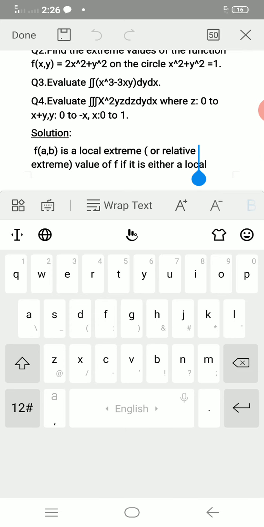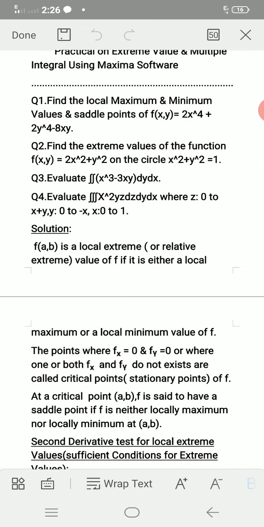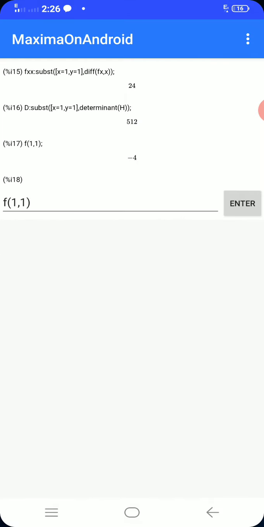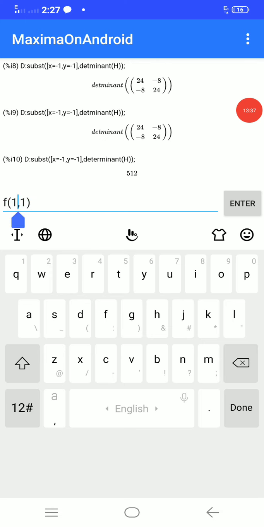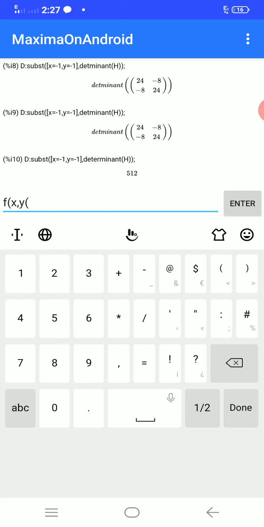Second example: find the extreme values of the function f of x, y is equal to 2x square plus y square on the circle x square plus y square is equal to 1. So let us perform this example in Maxima software. To assign the function, f of x comma y, bracket complete, using colon equal to 2x square.